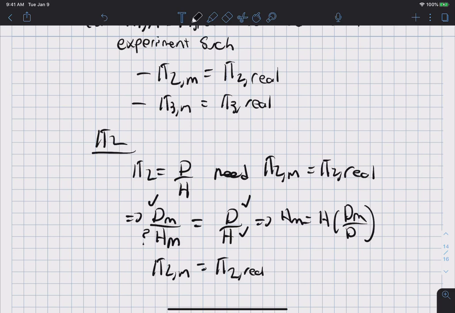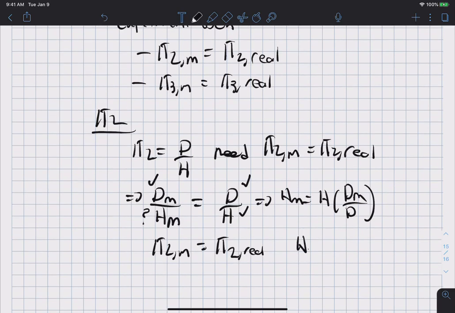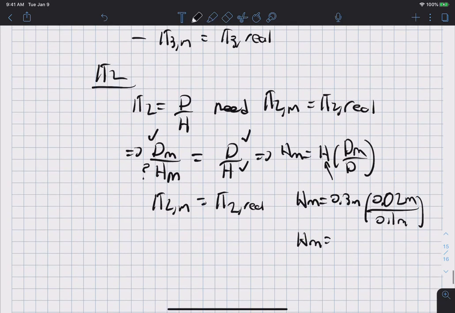Okay, and if we stick in the numbers, we find that hm equals 0.3 meters, which is h, times 0.02 meters over 0.1 meters, or hm equals 0.06 meters or 60 millimeters, whichever you prefer.